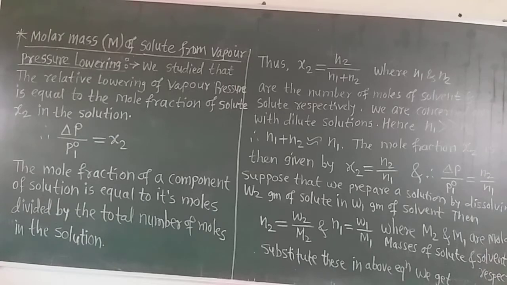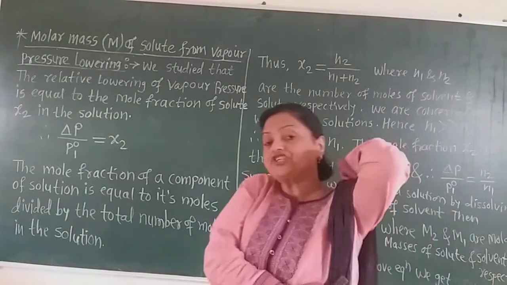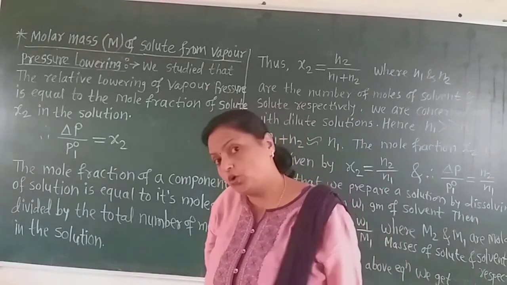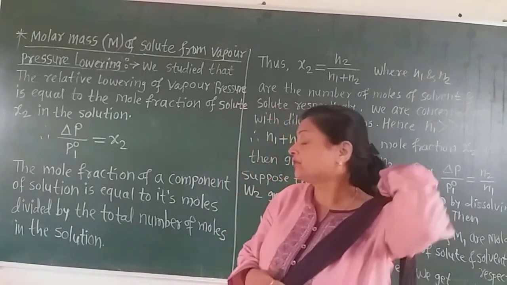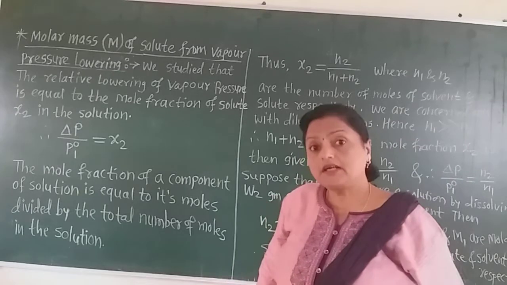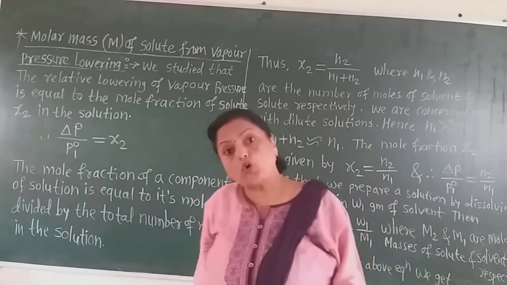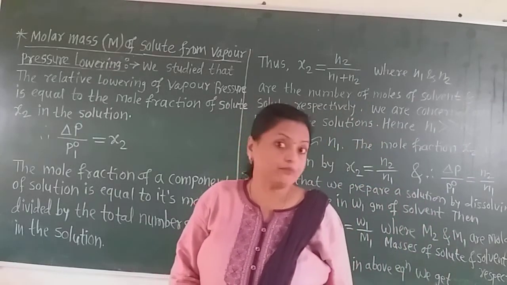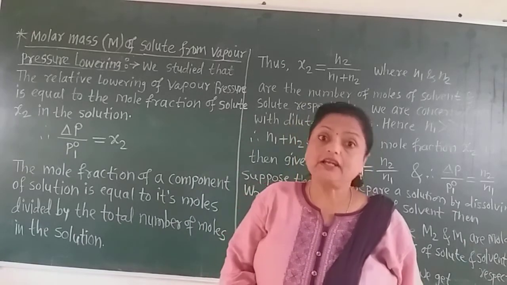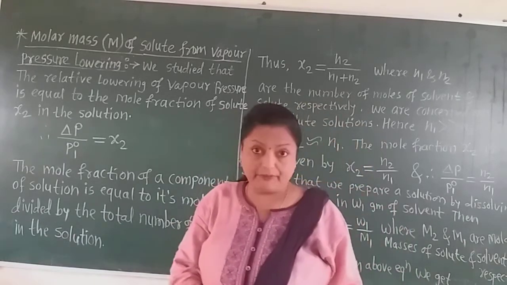In the last lecture, we learned about the vapor pressure and lowering of vapor pressure. The lowering of vapor pressure is a colligative property that we also learned. Again, we learned the relative lowering of vapor pressure.